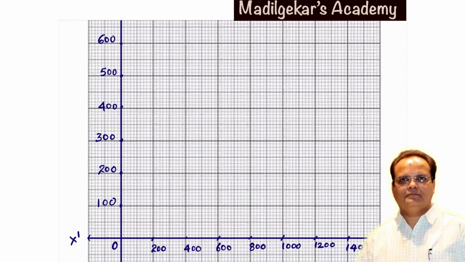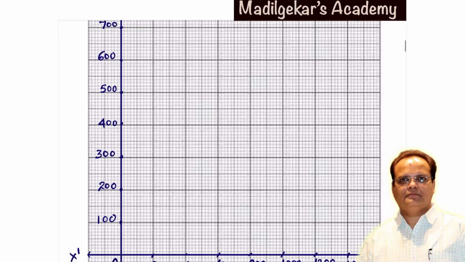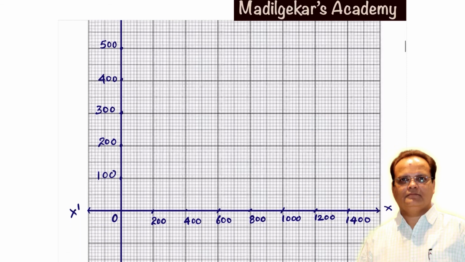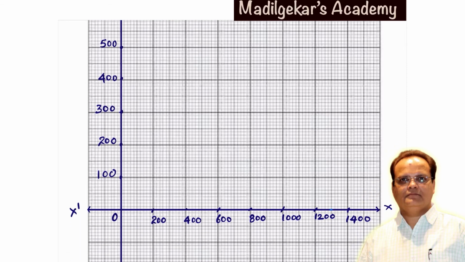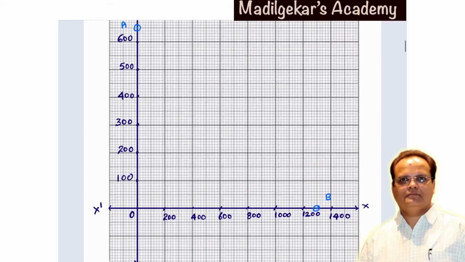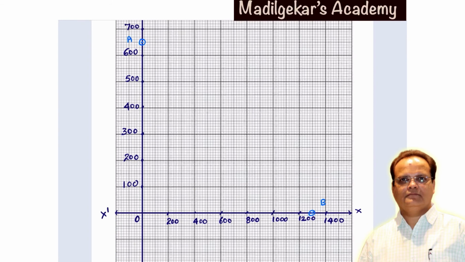The first point is (0, 650). It will lie on the y-axis. So this is the point A. The second point is (1300, 0). So it will lie on the positive x-axis. So this is the second point. Join A and B.